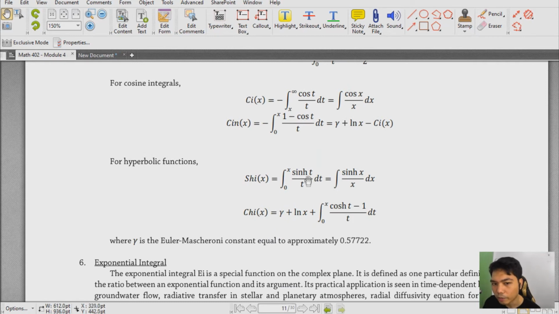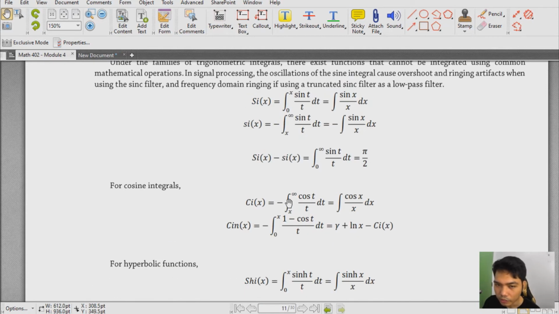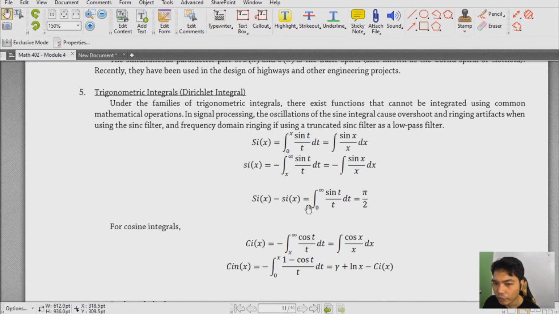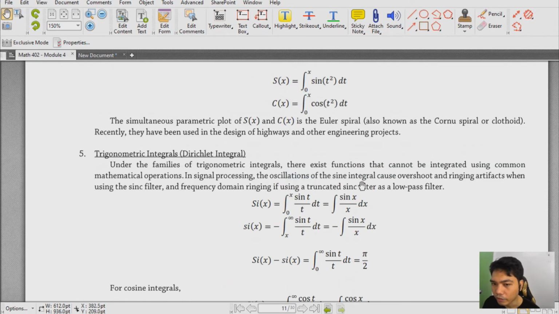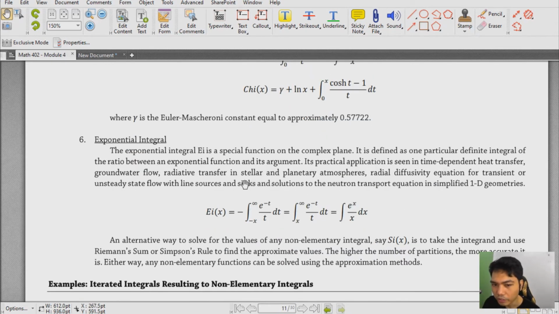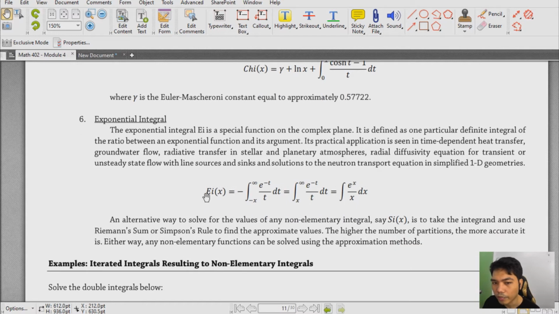And then meron din siya sa hyperbolic functions, pero we're just limited with the sine and cosine. So, Shi and then Chi natin. Okay, so whenever you encounter something like this, just leave it na ganun na lang yung form. And then the exponential integral, so when you have e raised to negative t over t form or e raised to x over x form, you have to expect na that's exponential integral of x ang maging sagot.